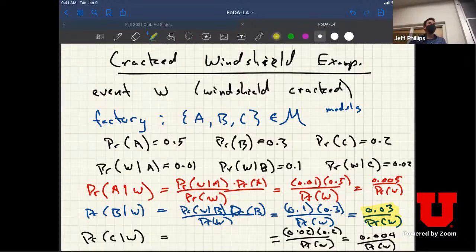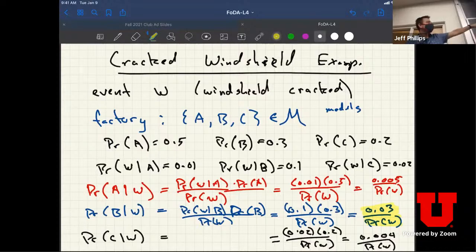The second one is that the probability of the total sample space, which is A, B, and C, has to be equal to 1 exactly. And the third is that if I have disjoint events and I add up the probabilities of those events, they have to equal the probability of the union of those events.